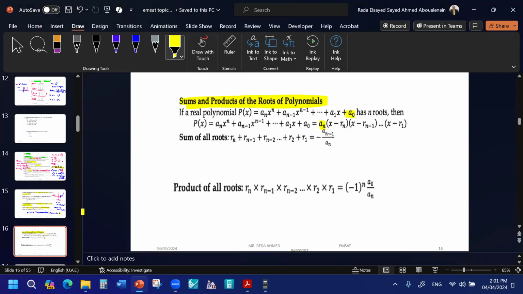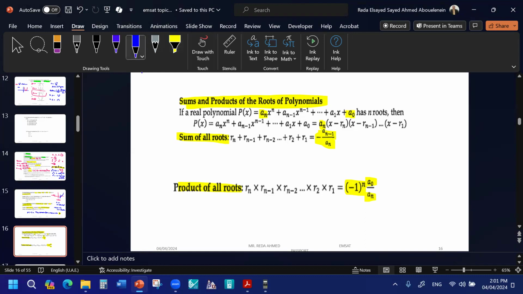So the sum of the roots here will be negative an minus 1 over an. The product of the roots here will be -1 to the power n, a node over an.